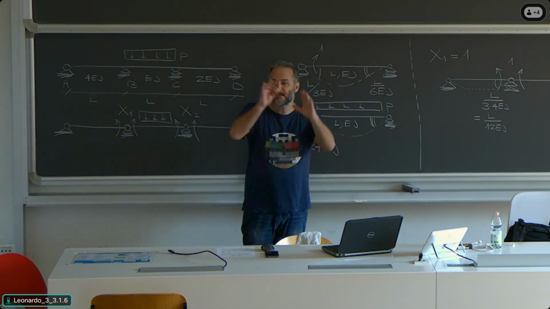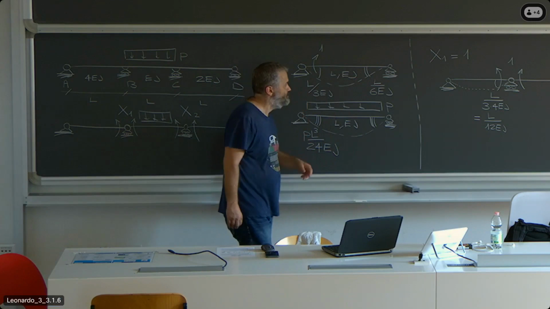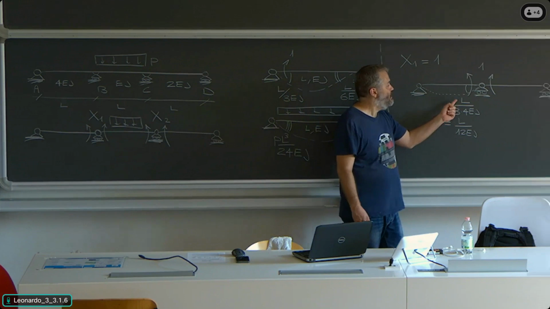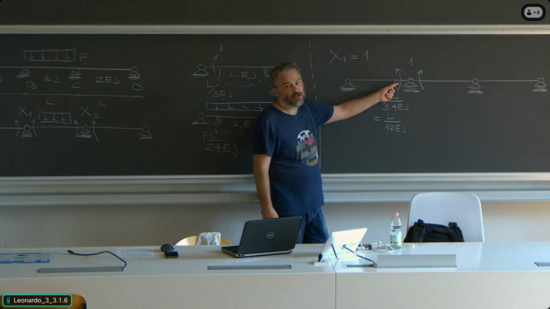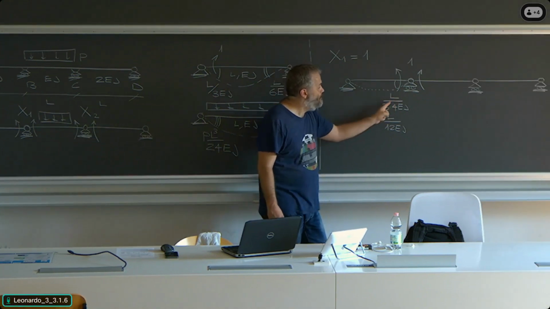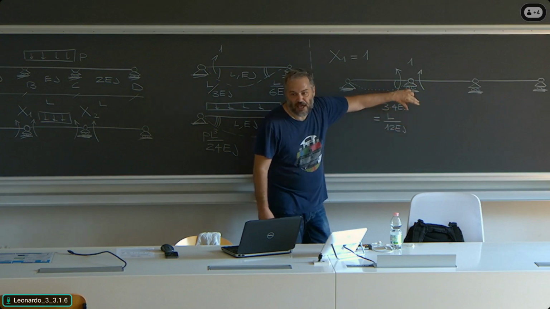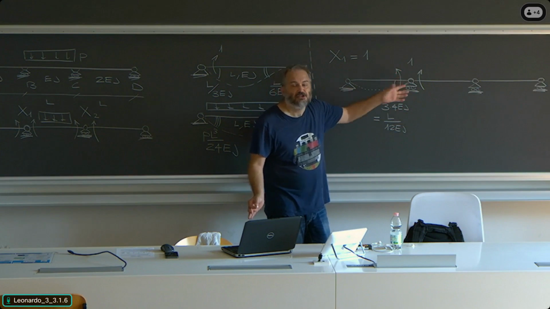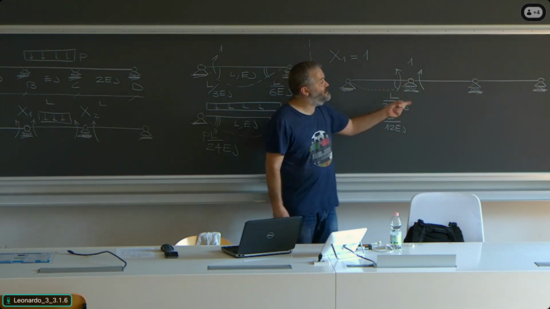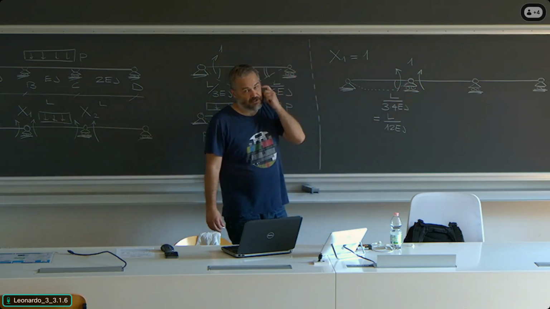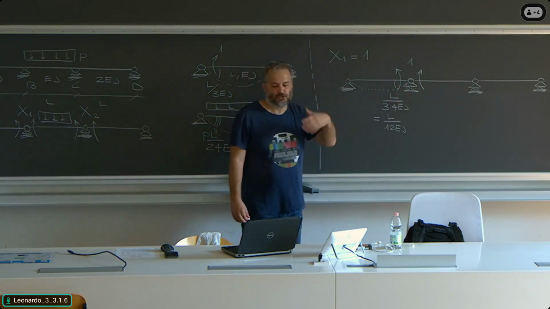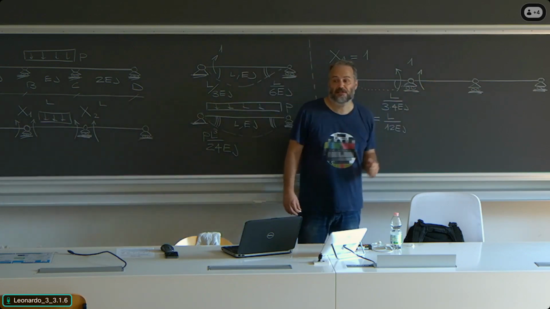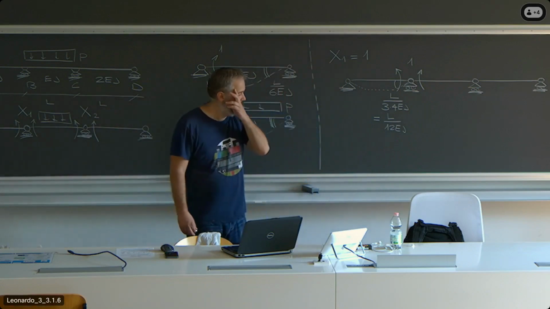Look at it as the bending stiffness. In the case of this beam, we are doing the same. We are working out this rotation by doing L divided by 3 multiplied by 4EJ, which is the bending stiffness. Okay? So that's the point. And what matters in our case, this is something you can realize if you solve a lot of structures, is the ratios between the stiffnesses. Okay? That's what matters most.